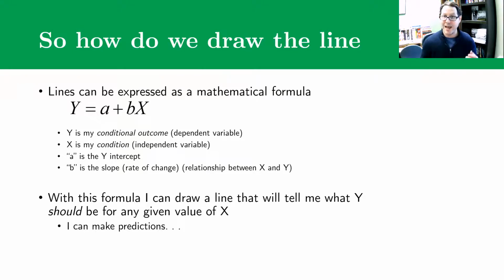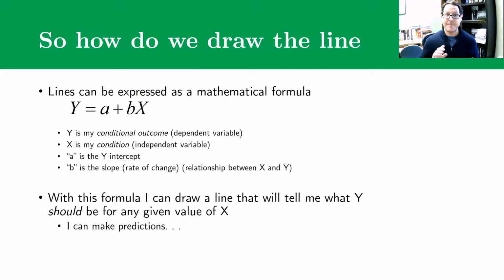That equation has an x value and a y value, so the coordinate pairs. The y value is your output on your y-axis. The x is the input value on your x-axis. And then we need two additional pieces of information.